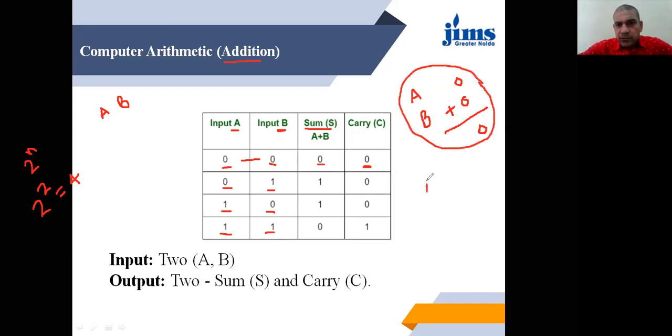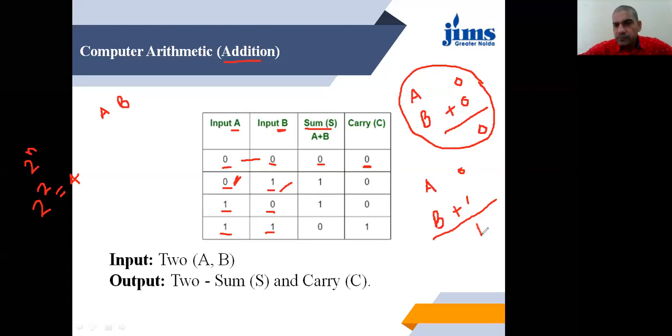Now suppose the inputs are A and B. The value of A is 0 and the value of B is 1. Then the sum of these two numbers, 0 and 1, will be 1, and there will be no carry.